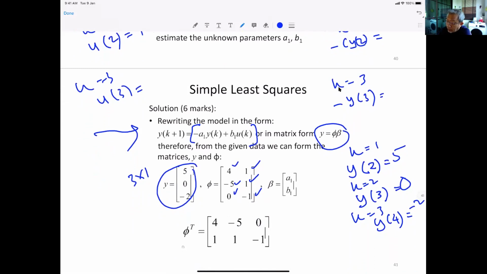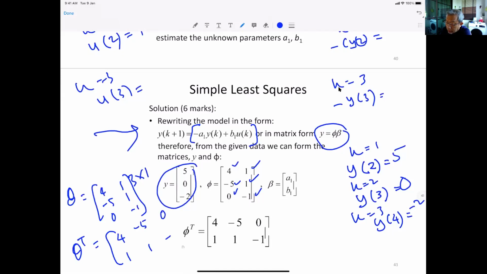Okay, so find the transpose. If theta is equal to 4, minus 5, 0, 1, 1, minus 1, then the theta transpose is interchange between row and column. So this one will become 4, 1, minus 5, 1, 0, minus 1.